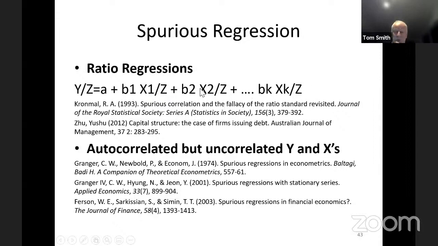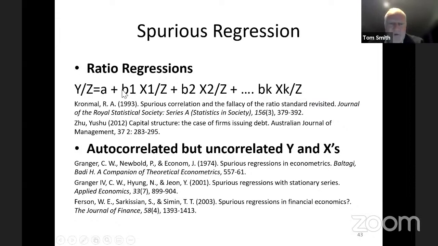So we do this a lot. And so the question arises if you get a significant relationship: are you getting a significant relationship because y is correlated with the x variables, or because your denominator, 1 on z, is correlated with the denominator, 1 on z, on the other side?